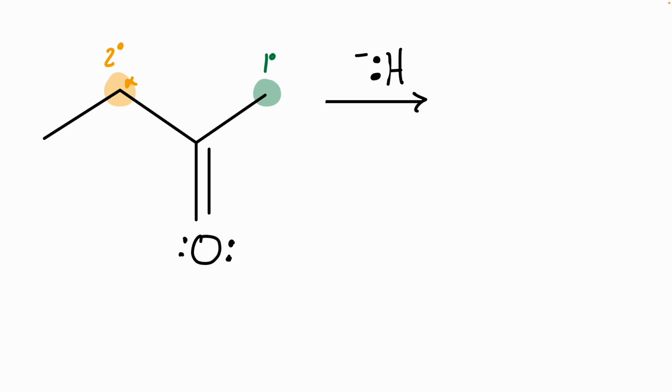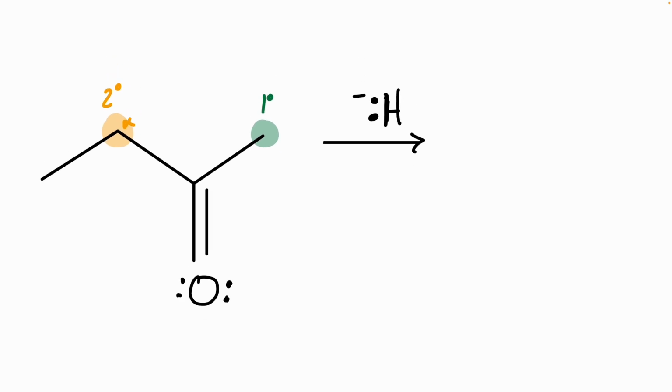That's my real base here, this hydride ion. And this is about as teeny tiny as you could possibly get of a base, a single hydrogen atom with an extra electron, is incredibly tiny.